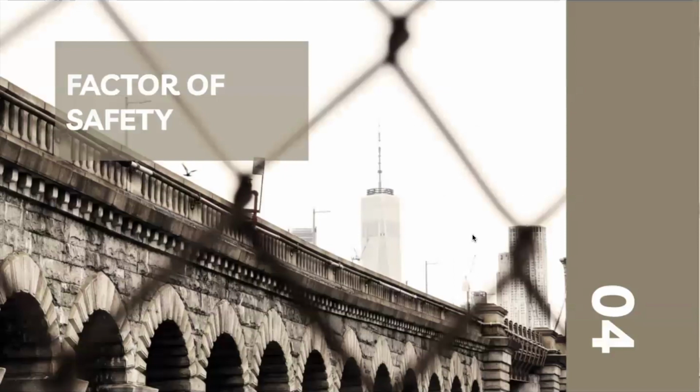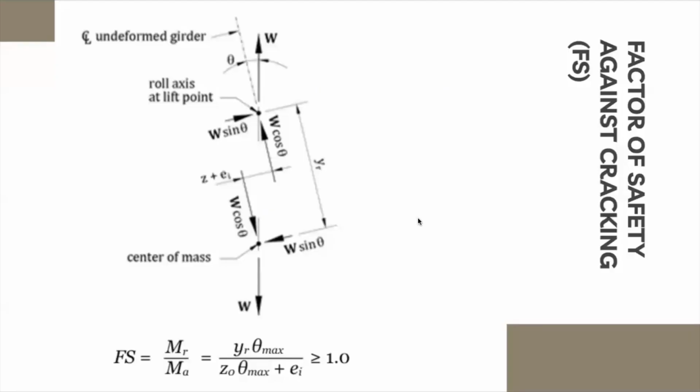The next category we'll discuss is the factor of safety. The factor of safety against cracking is defined as the resisting moment divided by the active moment, which you can see in the equation down at the bottom. This is also the factor of safety based on the equilibrium post cracking.